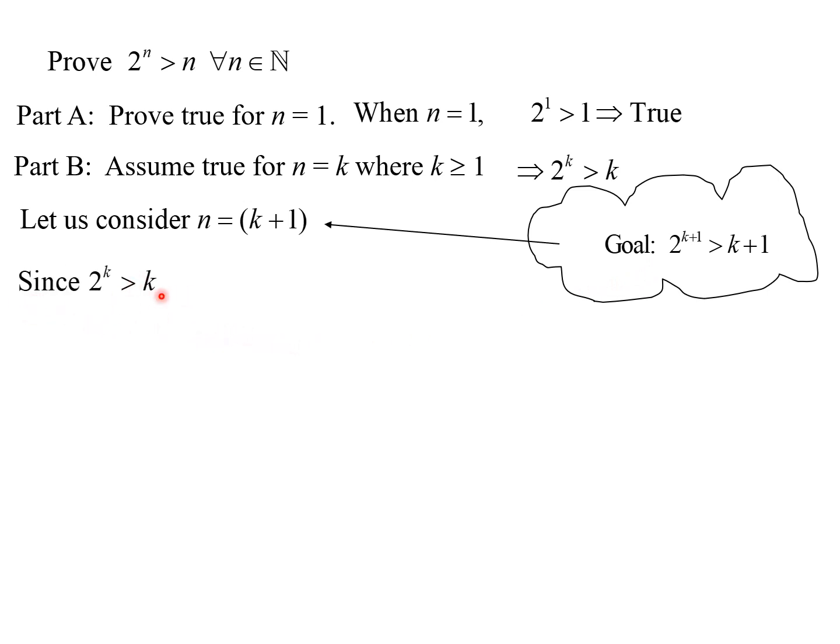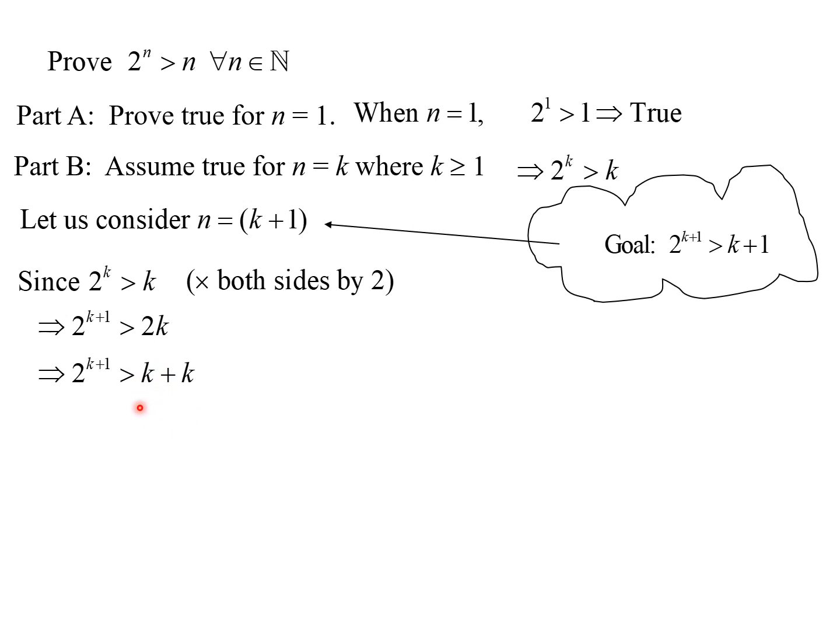So in order to achieve this goal, since 2 to the power of k is larger than k, because that is the assumption we did in part B, right? What we need to do here is multiply both sides by 2. If we multiply both sides by 2, it becomes 2 multiplied by 2 to the power of k. It becomes 2 to the power of k plus 1 because of the index law. And then the right hand side becomes 2k. And when we do this, we rearrange it. 2k is obviously k plus k.